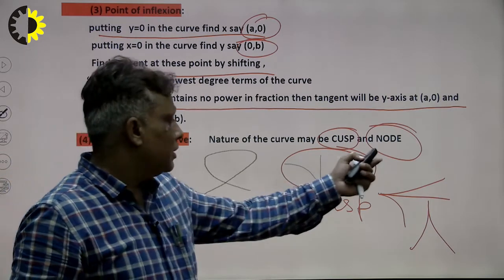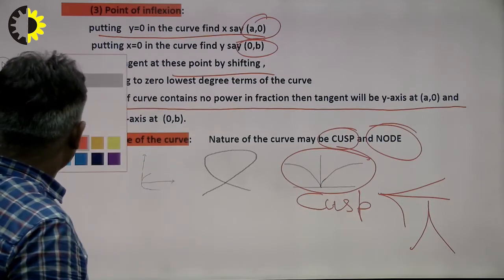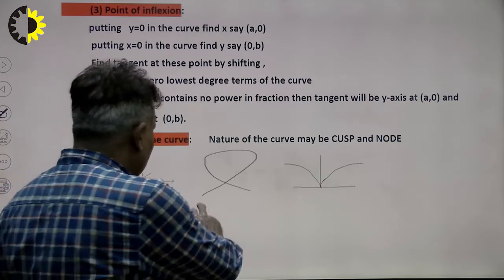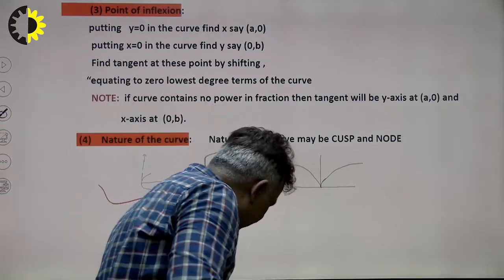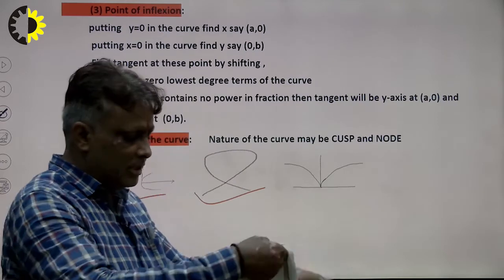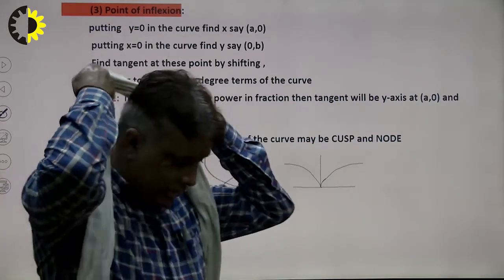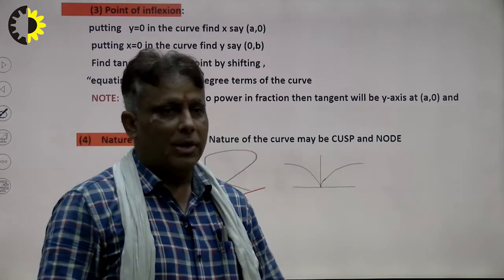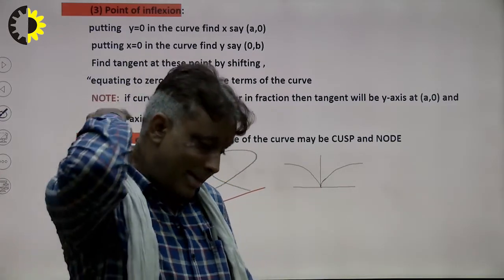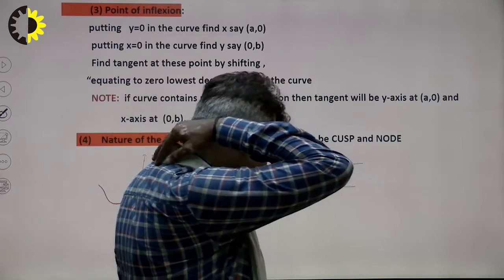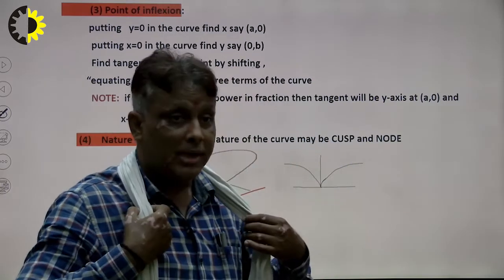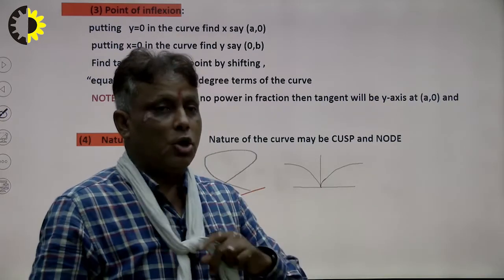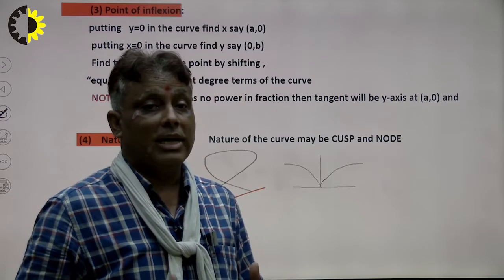Next is the node. There are two types of node. This is known as an open node and this is known as a closed node. I explain node with the help of this. Suppose this is a cloth, and when I put it on my neck in this way, this will be an open node because my neck touches at this place. Here my neck is the tangent and this is the open node. Suppose I write it in this way, this will be known as a closed node.